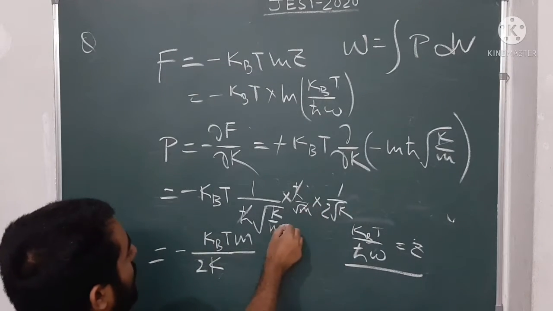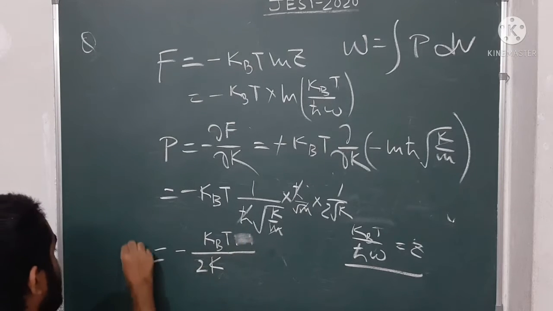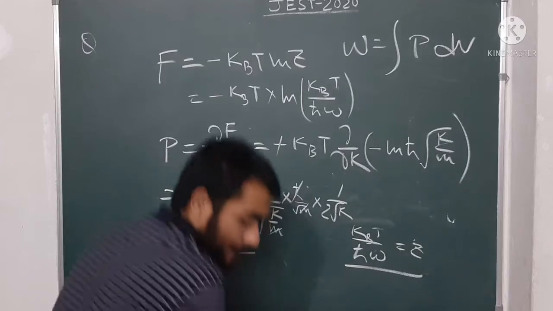Okay, now m is gone, so our pressure is this, minus kBT by 2k.